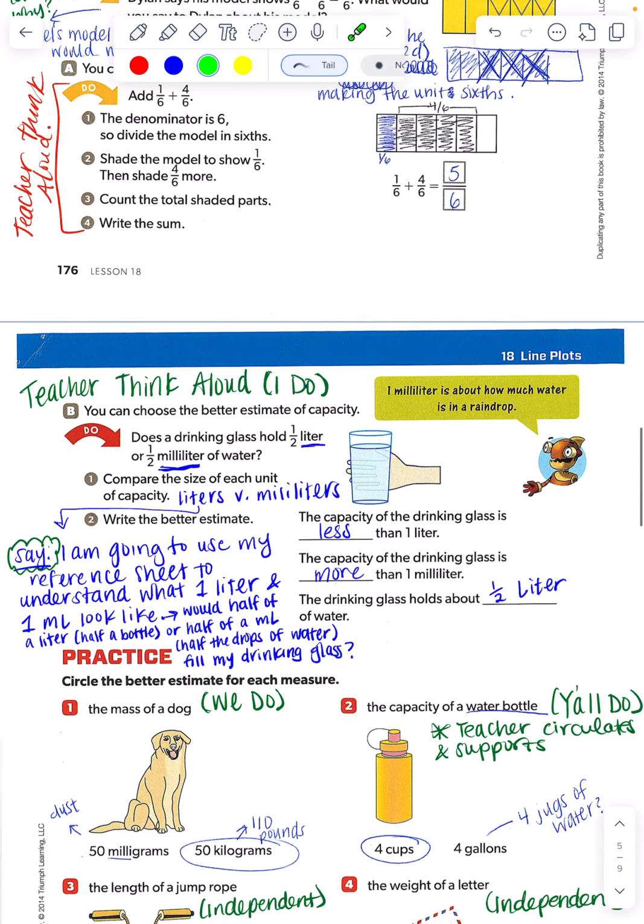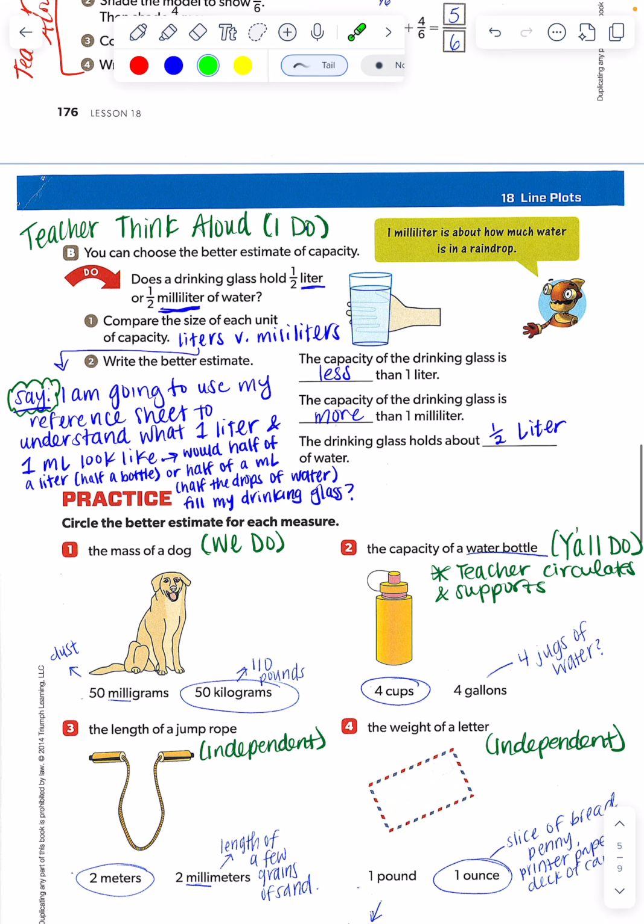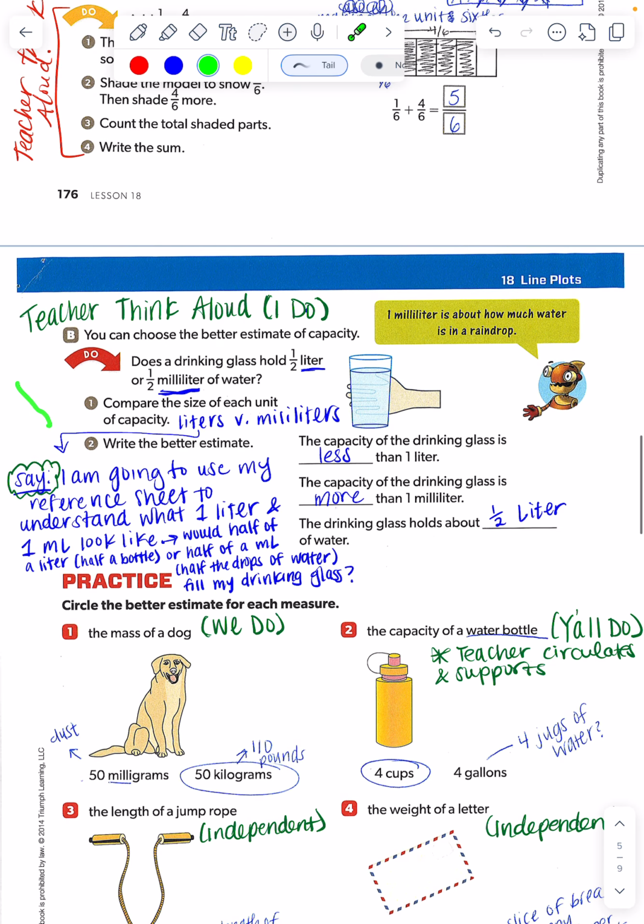In terms of comparing different units of measure, this question right here is going to be ideal for you to model in front of students. It asks, does a drinking glass hold half a liter or half a milliliter of water?